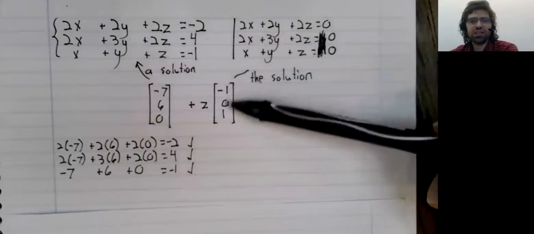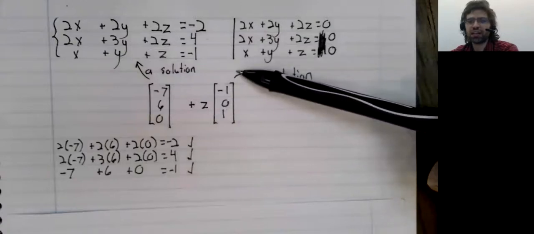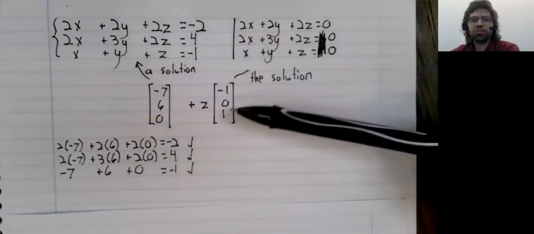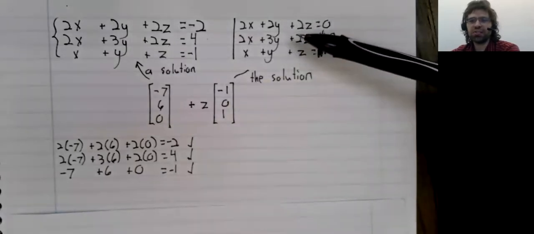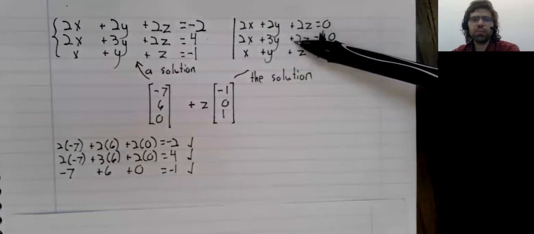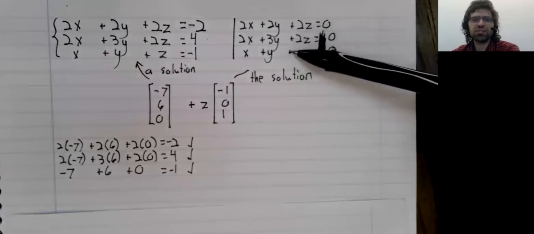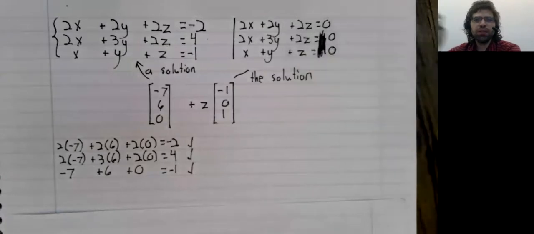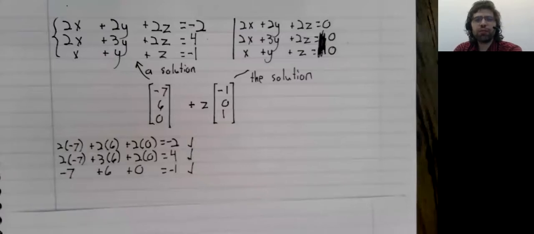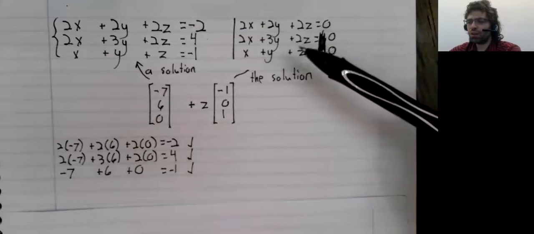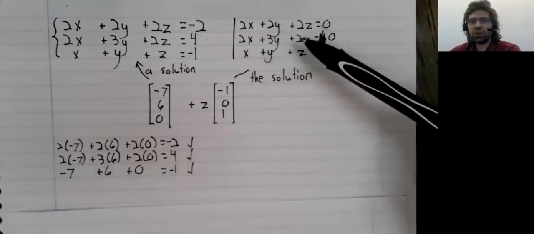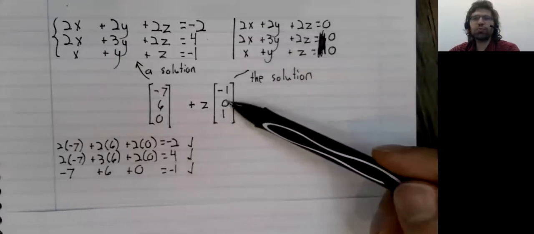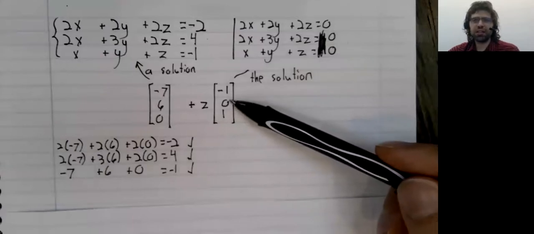This infinite set of vectors is supposed to be the solution set of the associated homogeneous system. Verifying this requires a bit more effort, but if we solve the homogeneous system, we do get this.